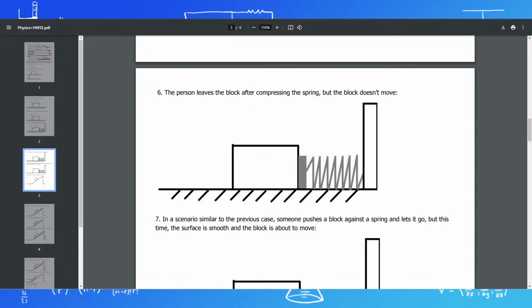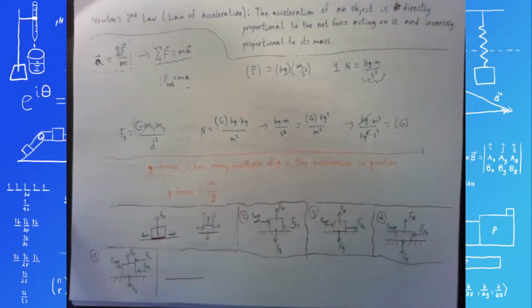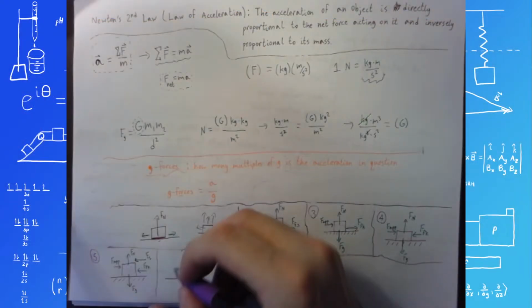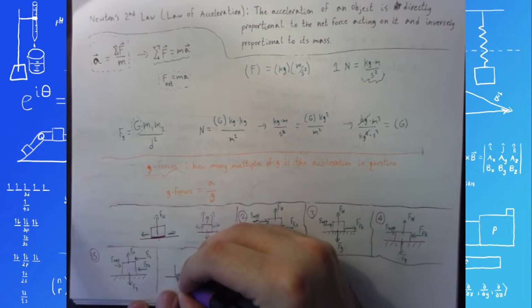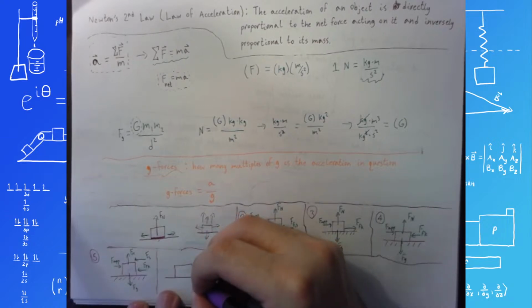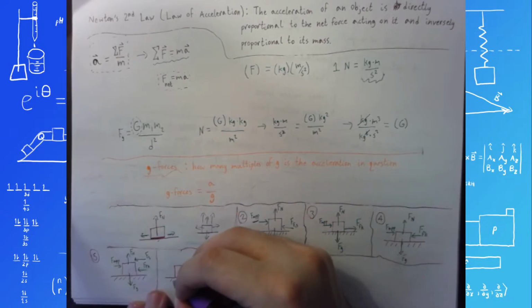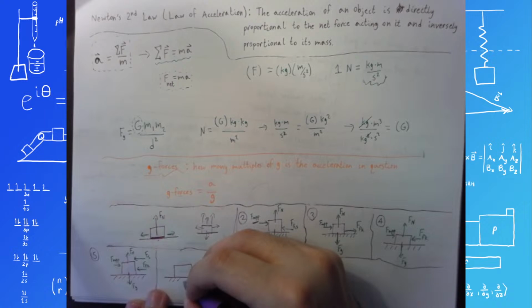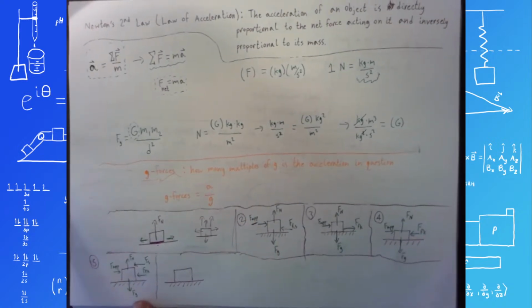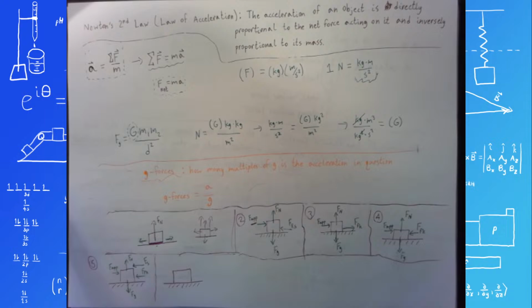Anyway, so they leave the block after compressing the spring, but the block doesn't move. Okay, so we still have a rough surface as indicated by the tick marks. And also, even if I didn't have the tick marks, there would have to be something preventing the motion of this block.